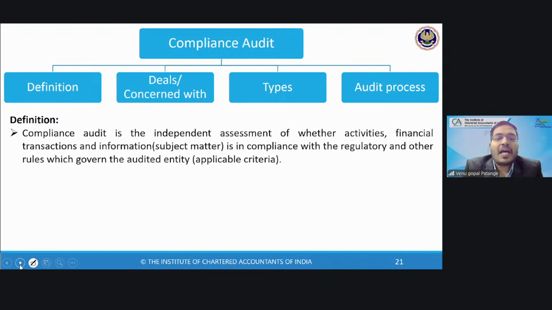Definition is, as I told you, compliance audit is an independent assessment of whether activities, financial transactions, and information, which is the subject matter, are in compliance with regulatory and other rules which govern the audited entity, the applicable criteria. So there are so many laws in India.